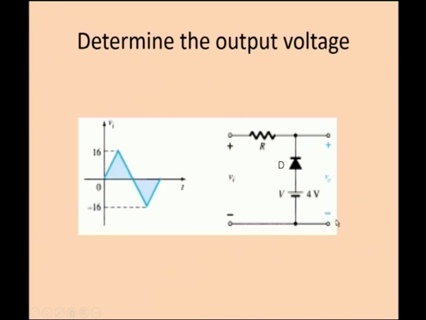When the output is obtained here, the diode should be in open circuit, then only the output follows the input. So, when this is in open circuit, it has to be reverse biased. How will this diode be reverse biased? This negative terminal must be given the positive voltage, and this positive terminal must be given the negative voltage, but here the supply is a positive supply of 4 volts.